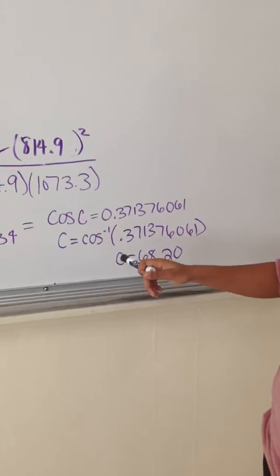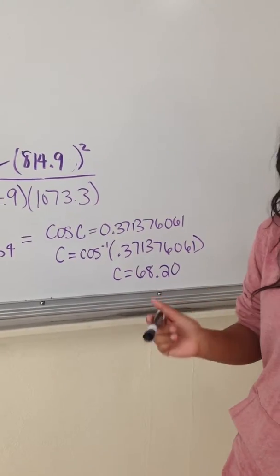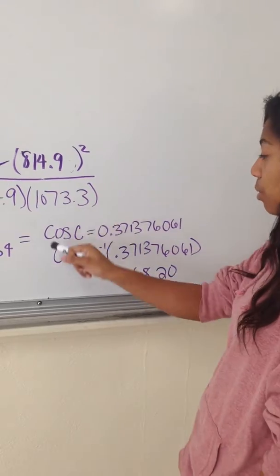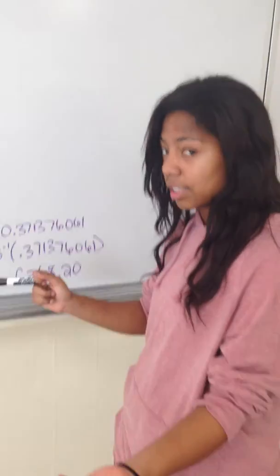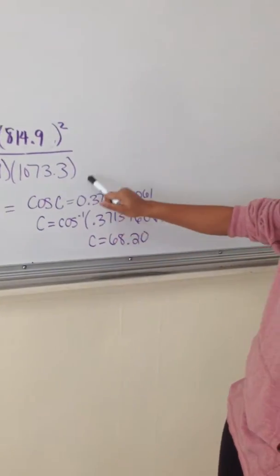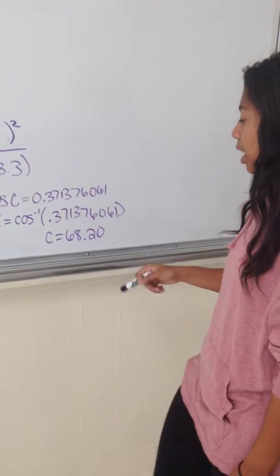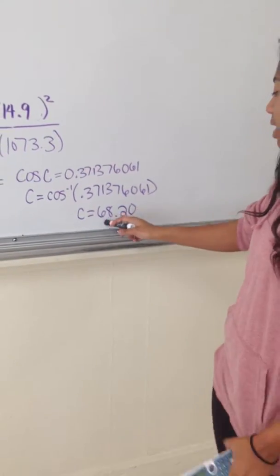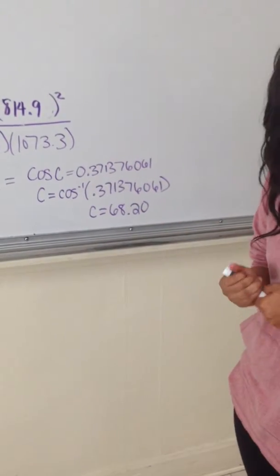And then to find the angle to anything, you have to use the inverse of it. So I used cosine of what we had. To find C, the angle, I used the inverse cosine of this previous answer. I found the angle in my calculator, and it gave me 68.20.